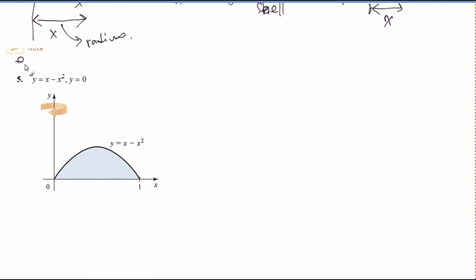Exercise number 2. They're saying y equals x minus x squared and y equals 0. So they're bounding the region with y equals 0, so that's our typical case. But I guess we can look at the tweak here. So this is exactly the same setting as we did before. Alright?